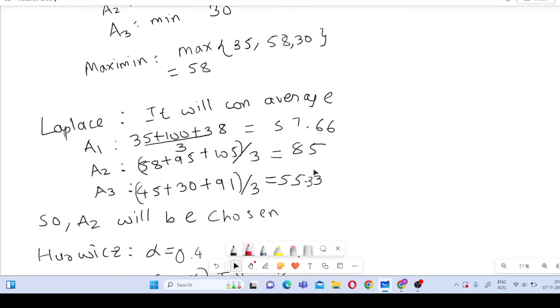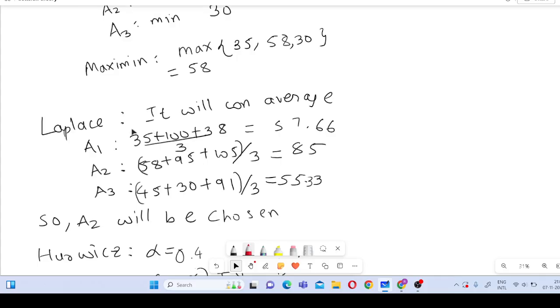Now coming to the next way, the Laplace way of taking the decision. In this, the person will not consider the states of nature S1, S2, S3. He will just see what the average profit is that he can get overall in each of the actions, for action A1, action A2, and action A3.